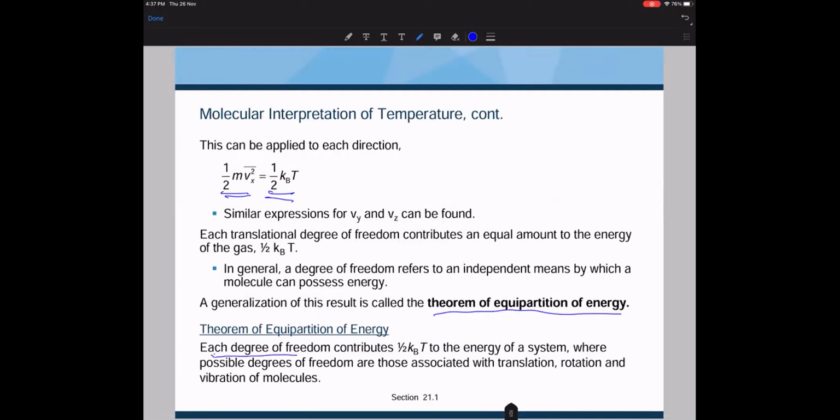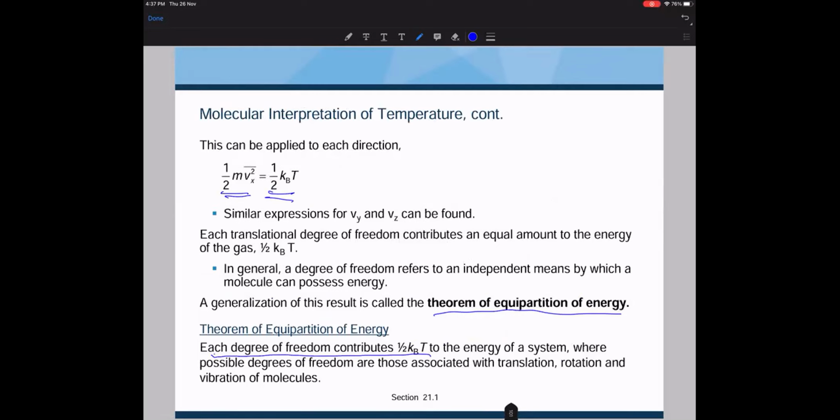Each degree of freedom would contribute 1/2 kBT to the energy of the system. And it really depends on how many degrees of freedom you have for the molecules to have the motion.